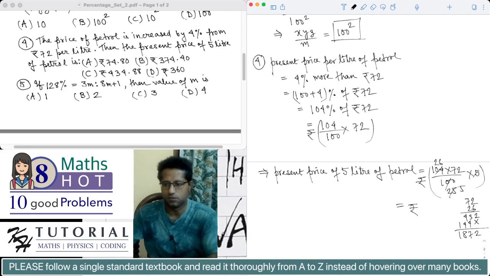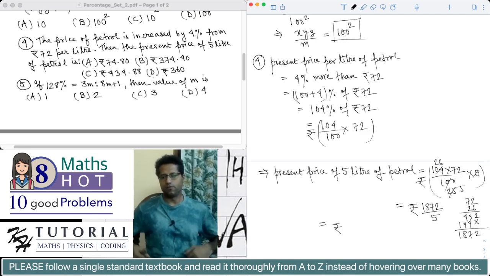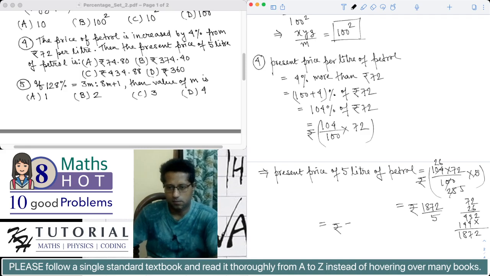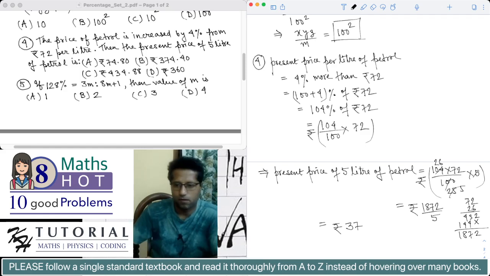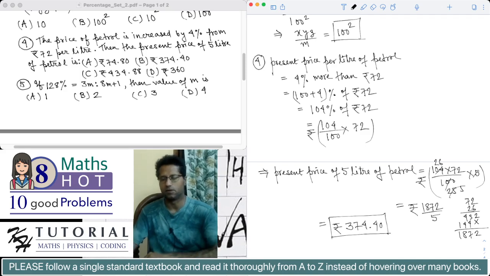And then 1872 by 5 is 374.4. So this is the present price of 5 liter of petrol.